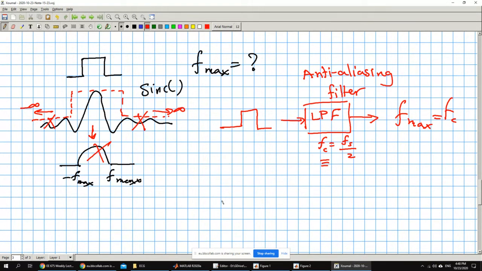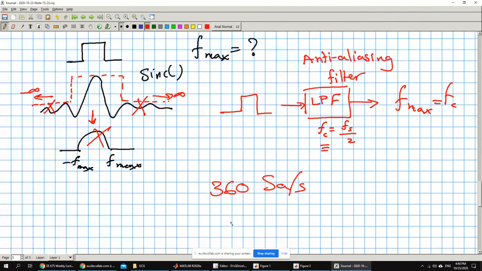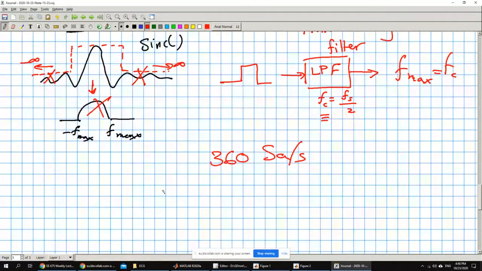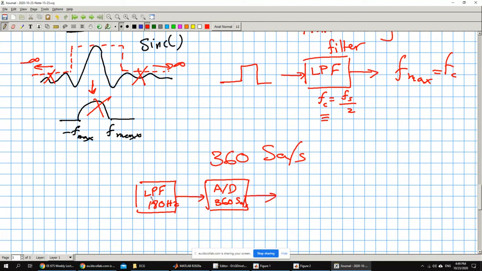So whenever I say that I'm going to sample at 360 samples per second, it's inherently understood that you have a low-pass filter with cutoff frequency 180 Hertz, followed by the analog-to-digital converter that samples at 360 samples per second. If you do that, you ensure that no aliasing will occur.